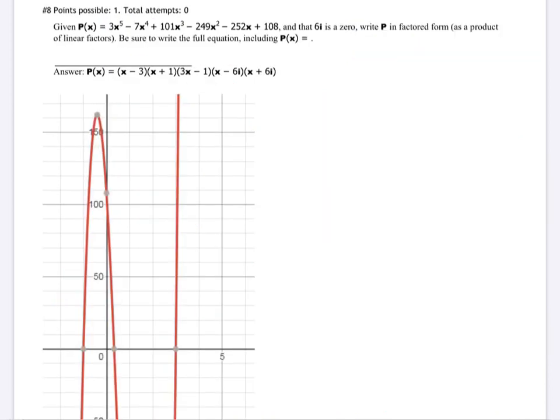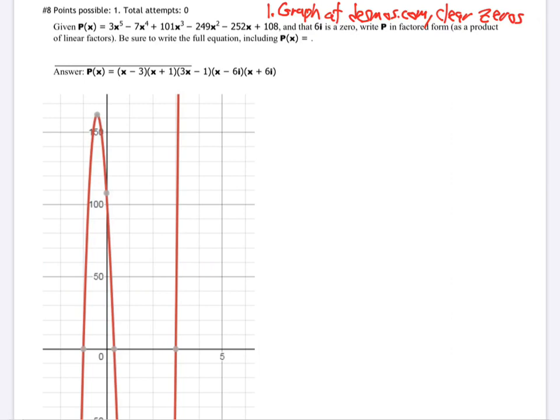Okay, number 8. This is the hardest one in the homework. Here we go. You know step 1 is to graph it at desmos.com, get any clear zeros. Okay. I've got the graph for us here, and you can see some clear zeros.